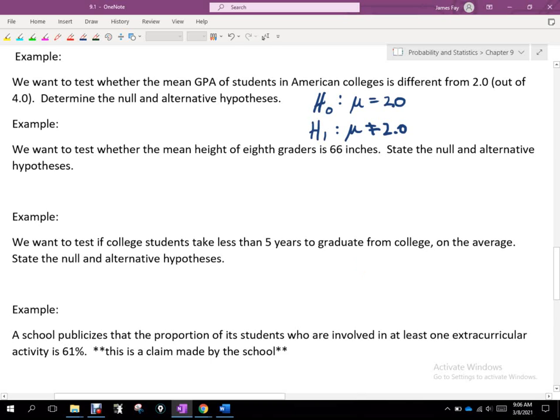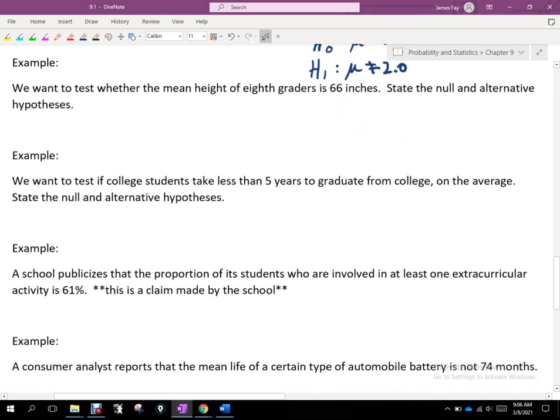We want to test whether the mean height of 8th graders is 66 inches. Which hypothesis uses equality?